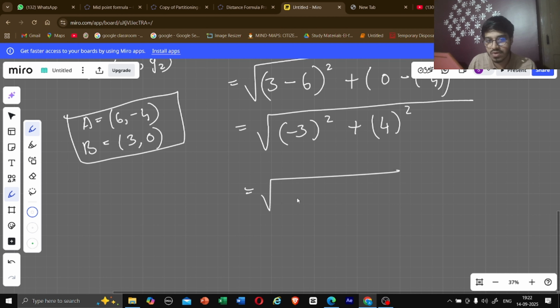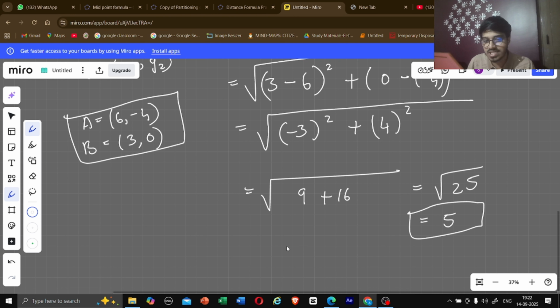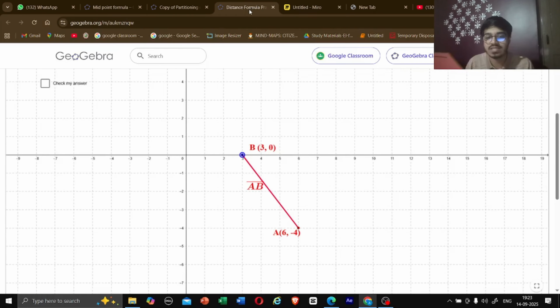Whole root of minus 3 square is 9 plus 4 square is 16, which is equal to whole root of 25. What is root of 25? Simple. 5. So distance from A to B is equal to 5. 5 kilometer, meter, centimeter, we don't know. Just they are given in a coordinate axis. So we will write 5 units. So distance from A to B is 5 units. We will see in this whether our answer is correct or not. We will check the answer.